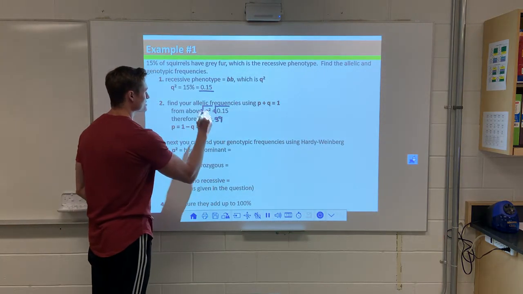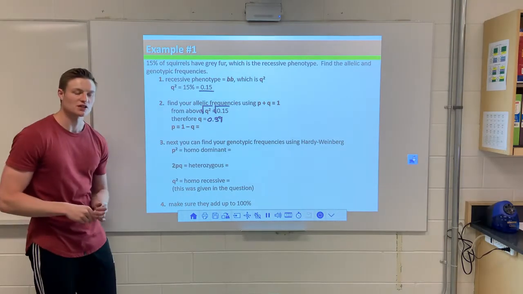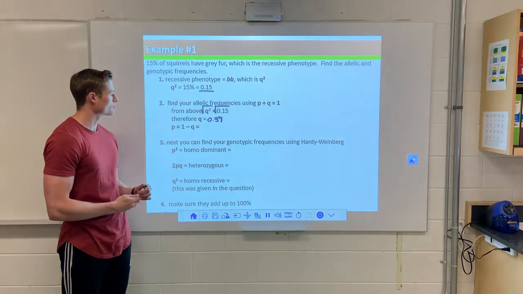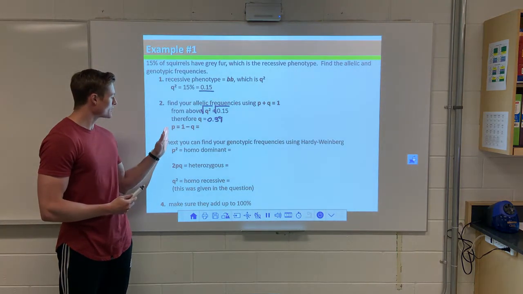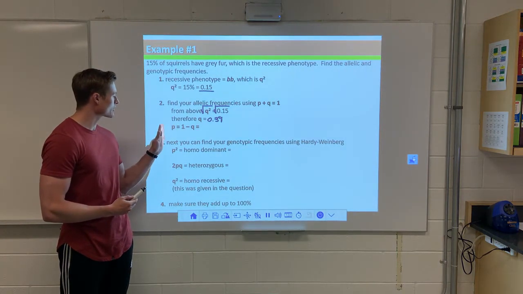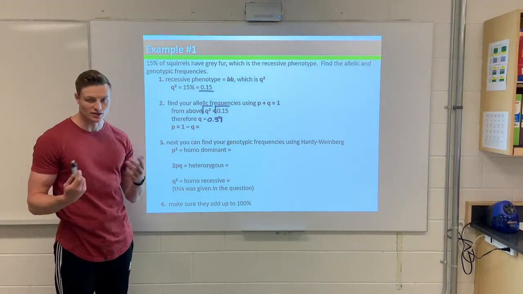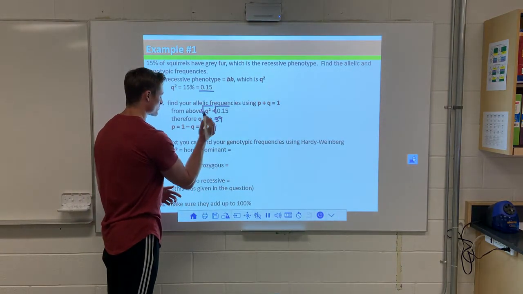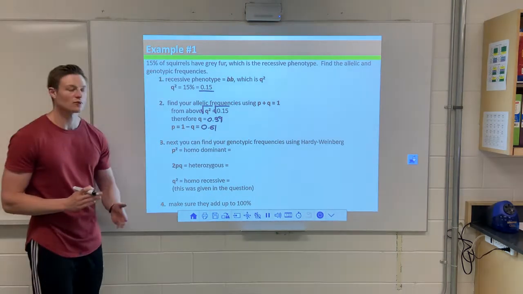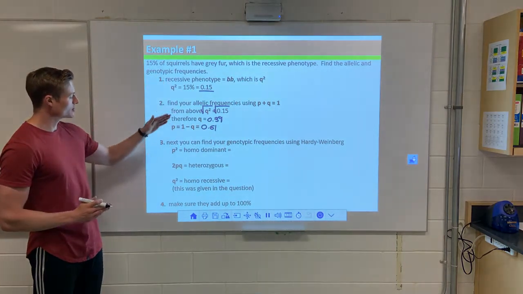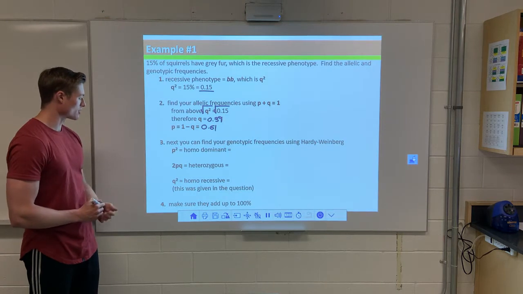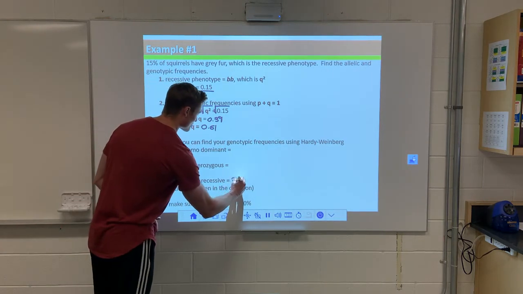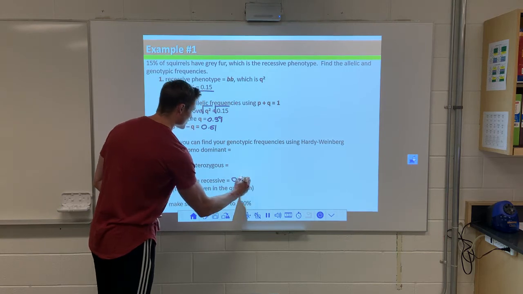So this means 39% of the population has at least one, right, little b allele. Then to solve for p, we're going to take 1 minus q, because this will give us our p, which is going to be 0.61, okay? So now that we have q squared, p and q, we can solve for the other unknowns. So moving down here, q squared we already know to be 0.15 because they gave it to us.